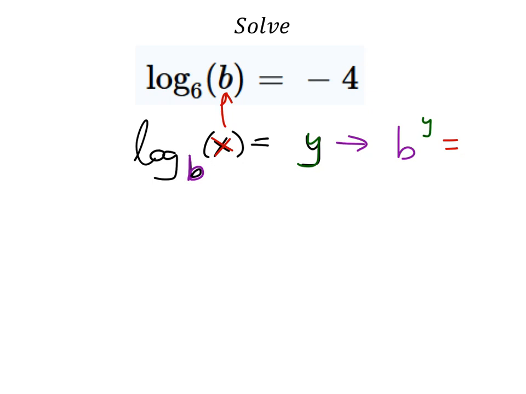That makes this one pretty easy. We know the base is 6, which actually looks like a b. And then the y value here is -4. So it's really 6 to the power of -4 is b.